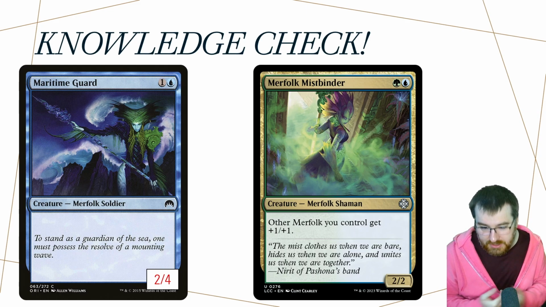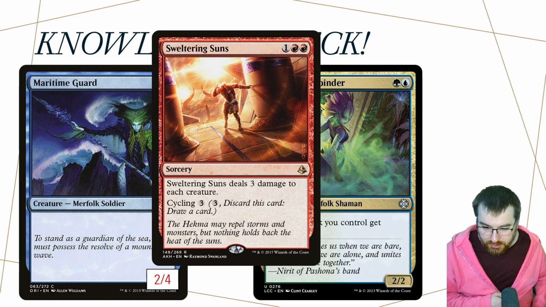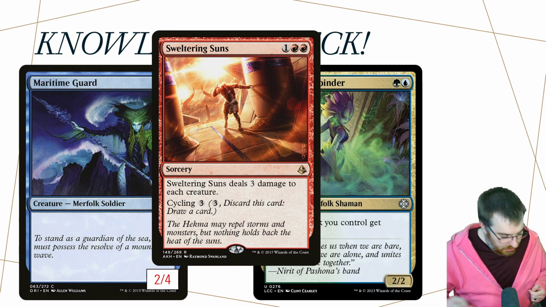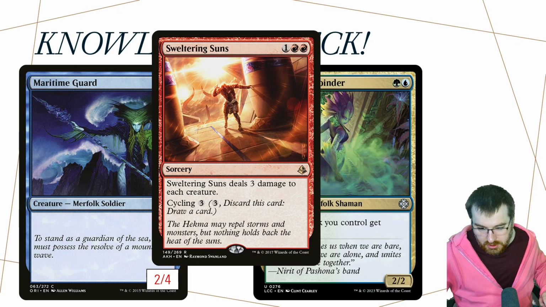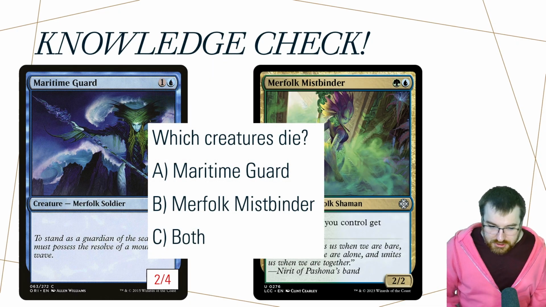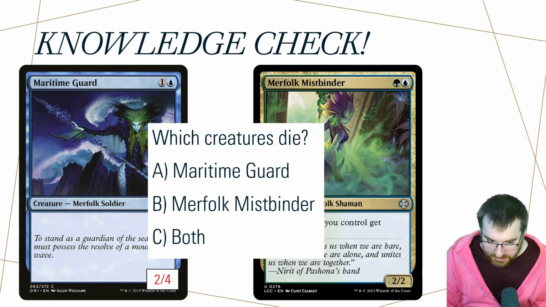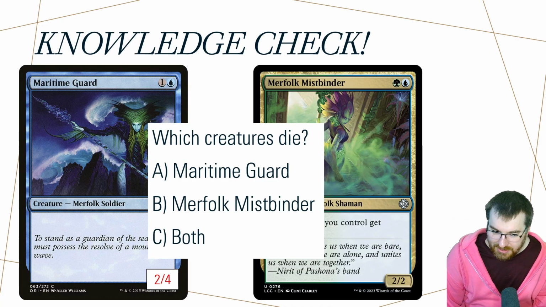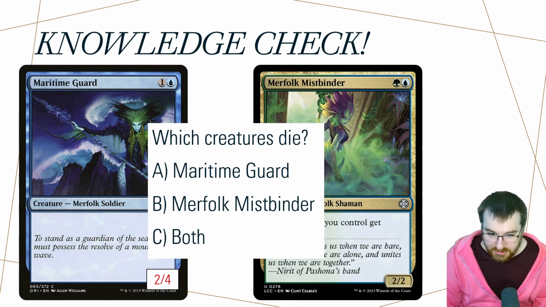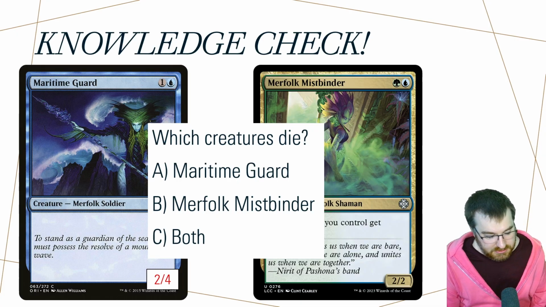If you, for example, were to cast Sweltering Suns to deal 3 damage to each creature, when the dust settles and we've done all the things we need to do, which creatures will die? Option A is just Maritime Guard, option B just the Merfolk Mistbinder, and option C is both of them.